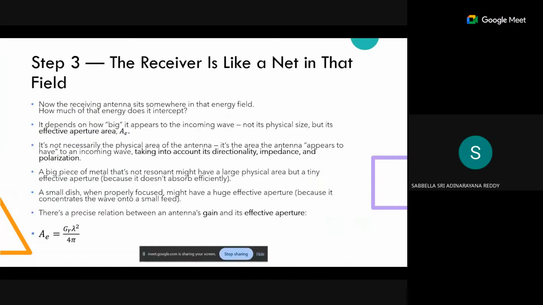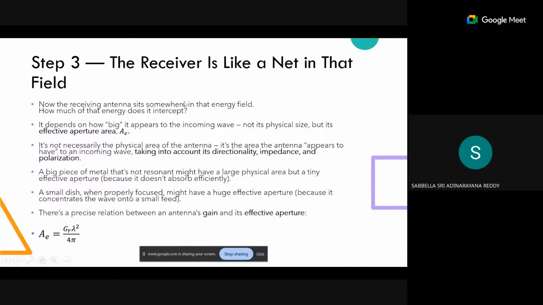After that, we are going to consider another term called effective aperture area. What is this effective aperture area? It is nothing but the effective area that is seen by the incoming wave that is transmitted. To be more clear, we know that our antenna is not a perfect absorber, right? The waves that are coming towards it, it's not going to absorb all of it.